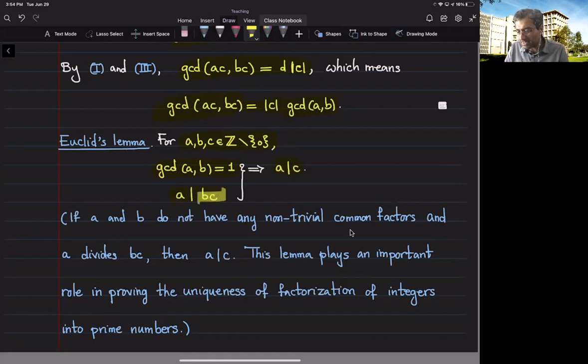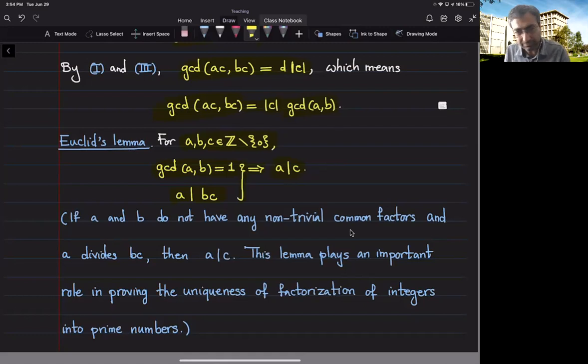If a divides this product and a has nothing multiplicatively in common with b, we should be able to disregard b, and all that we need is already inside c. That is what Euclid's lemma says. So if GCD of a and b is 1 and a divides bc, then a divides c. This type of result we will be using later when we want to understand order of elements inside a group.